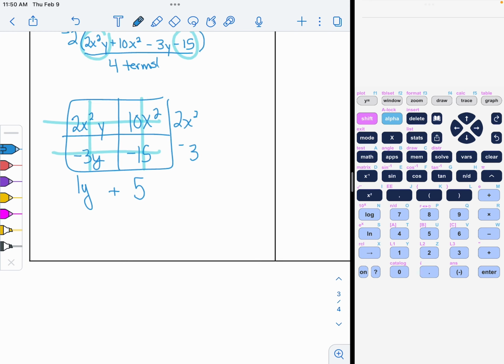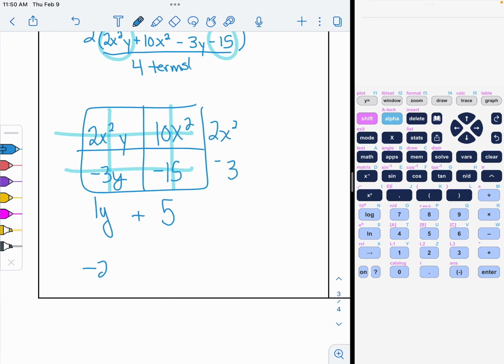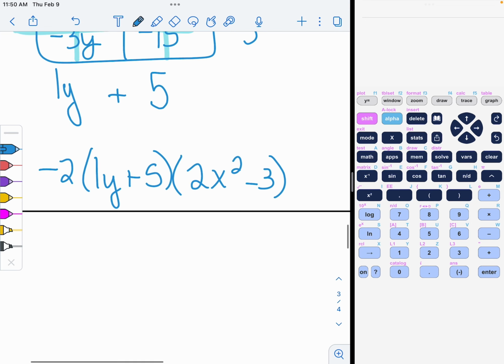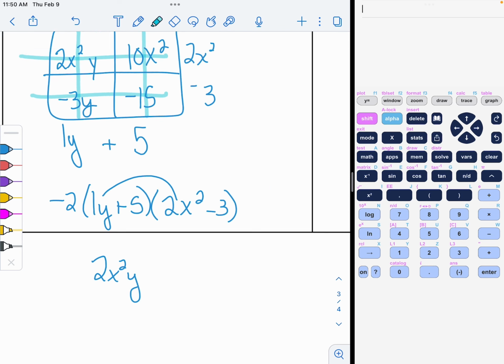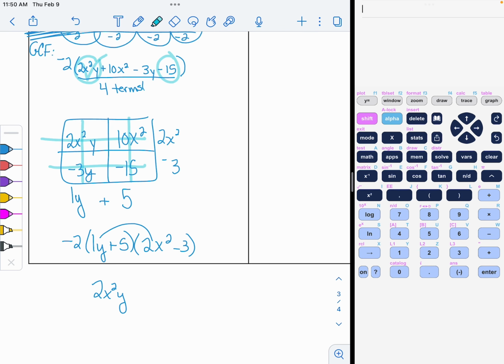Okay, so I'm going to use my GCF of -2, my binomial that I got, and my other binomial that I got. And I do have to check this. So let's see, that's going to make a 2x squared y. Let me get my check ready because I think I'm good on that one. Check. This is going to be a minus 3y.